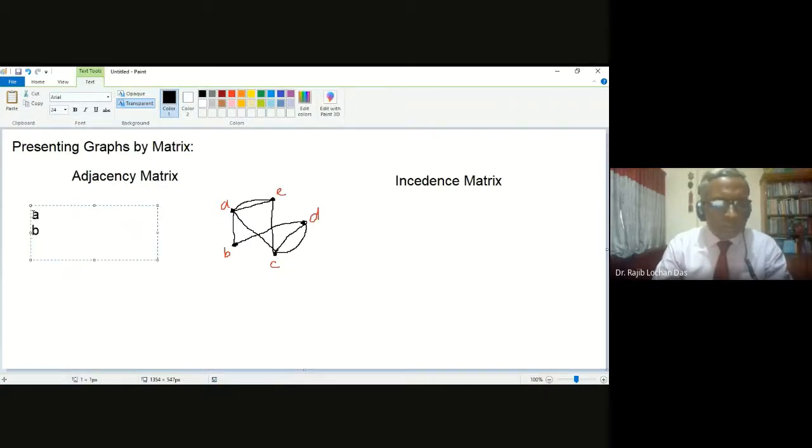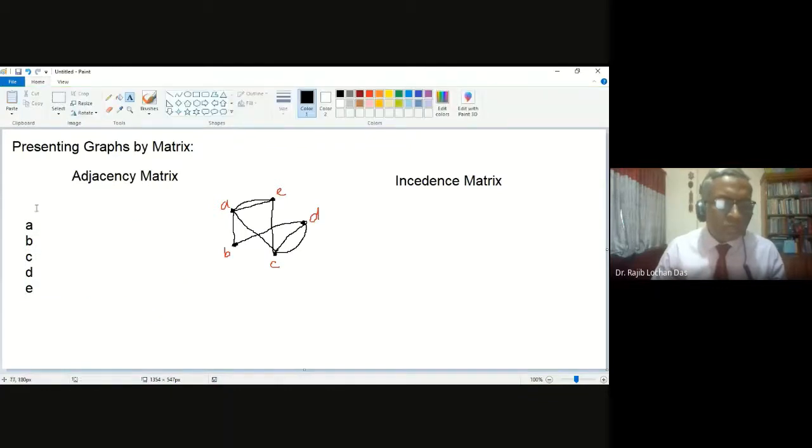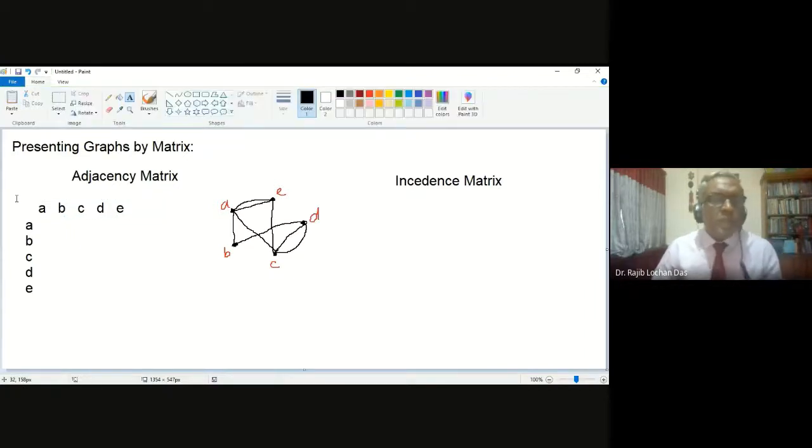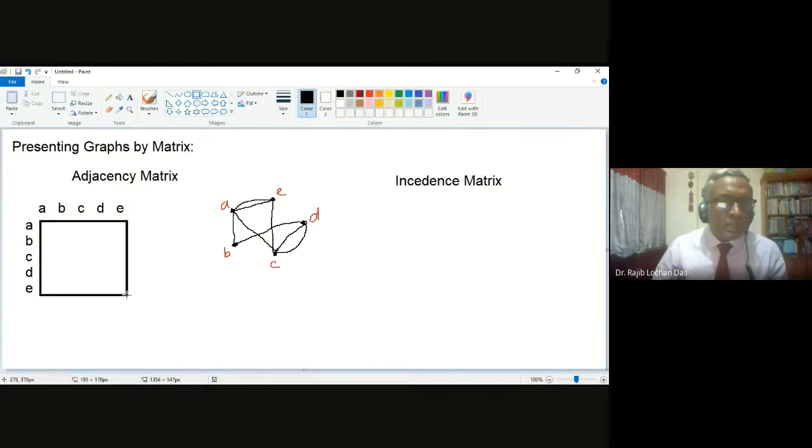That is, there are 5 vertices in this graph, so there will be 5 columns and also 5 rows. Now if you make the matrix, it will be like this.